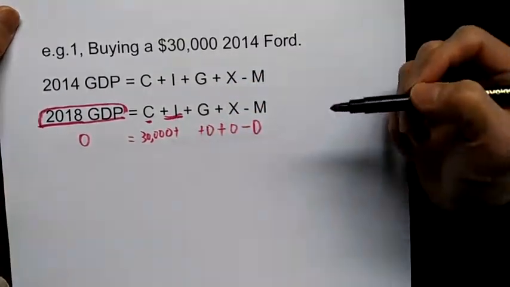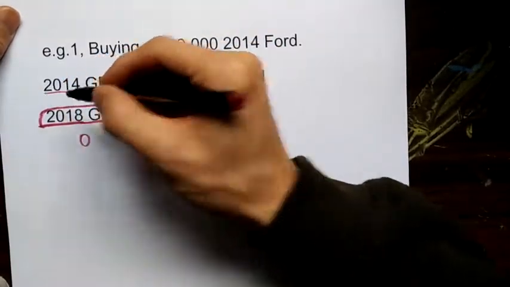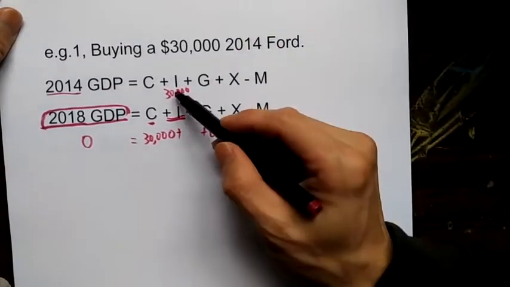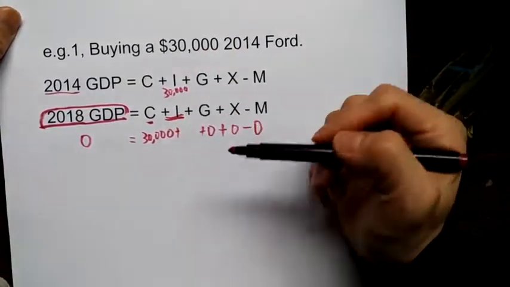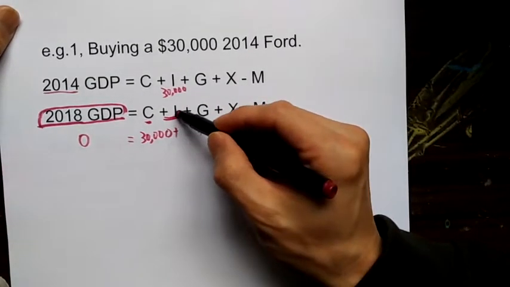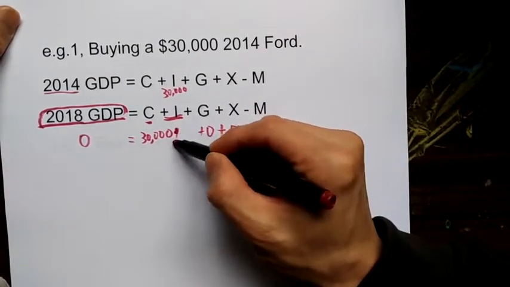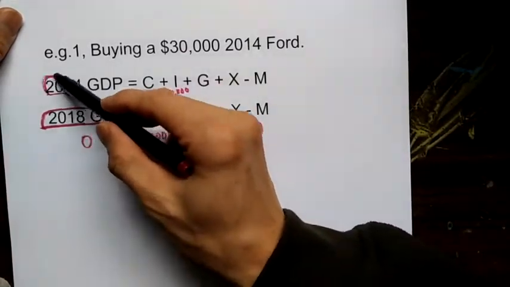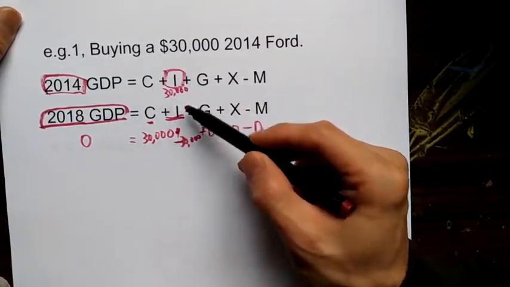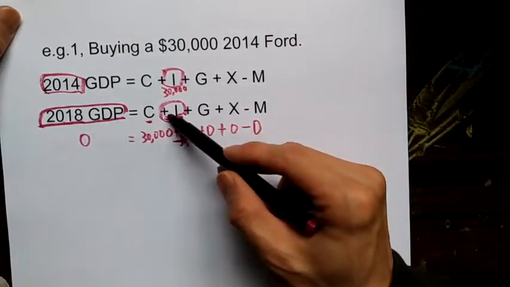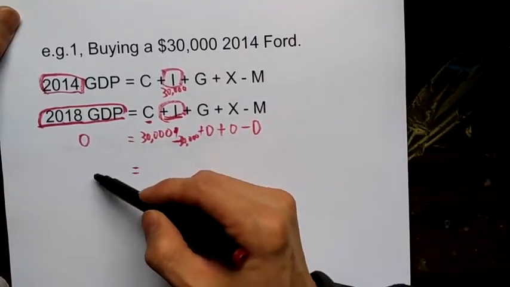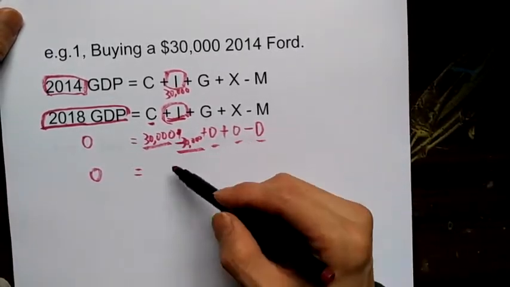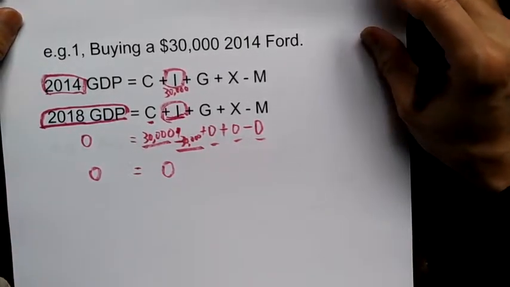Remember, in the inventory in 2014, $30,000 are here. Now, you take that $30,000 off the inventory. Therefore, investment is negative $30,000. You take that 2014 inventory off the 2018 inventory. Therefore, 0 is equal to 30,000 minus 30,000 plus 0, 0, 0. It is an equation.